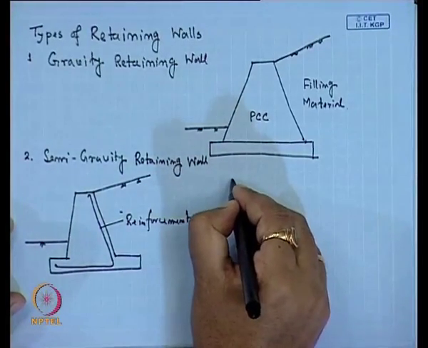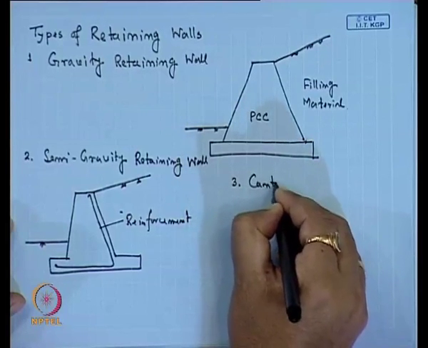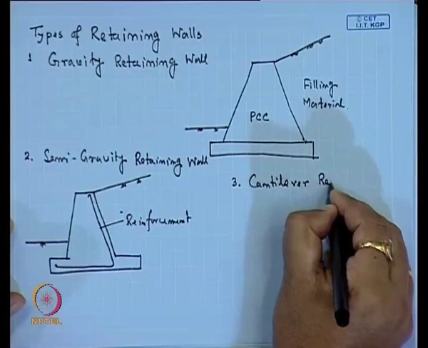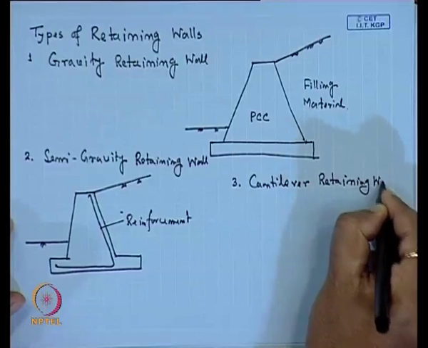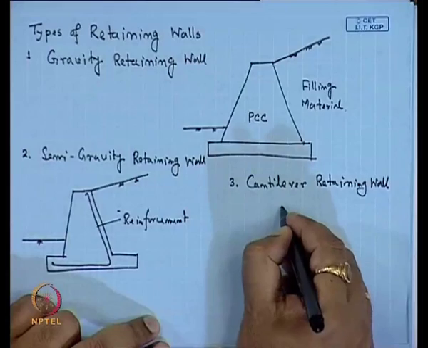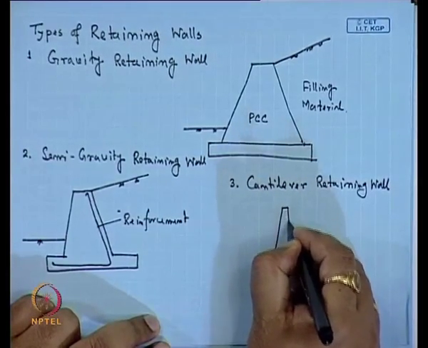Now, the third type of retaining wall is the cantilever retaining wall. The earlier type of retaining wall is made of PCC, plain cement concrete.